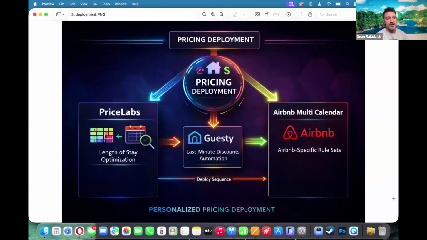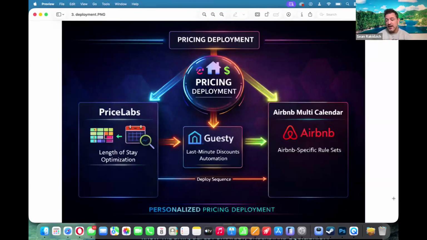Now, a lot of channel managers allow you to create promotions that will affect these Airbnb widgets, but I will use promotions for booking.com and for like Expedia, but on Airbnb, I find it's much more intuitive to use Airbnb's rule sets and Pro Tools in the Airbnb platform.